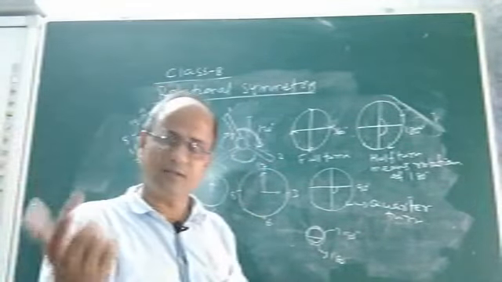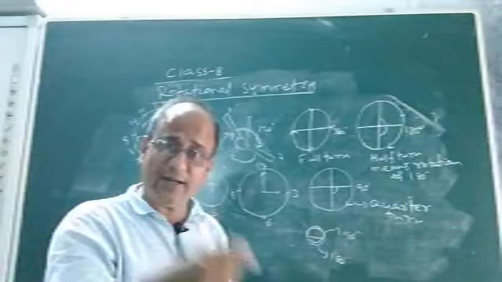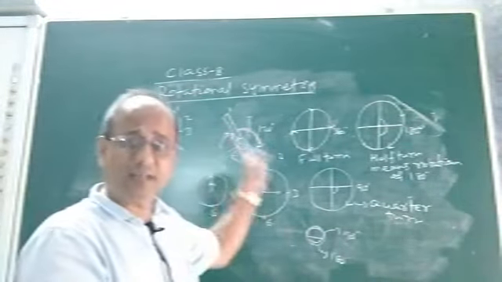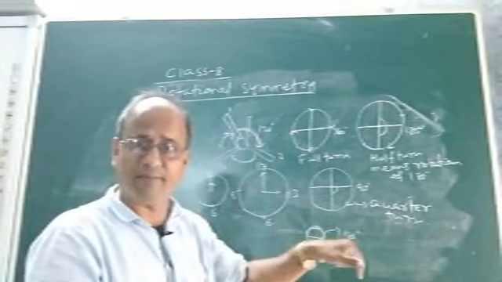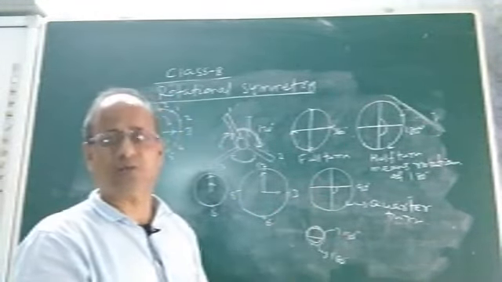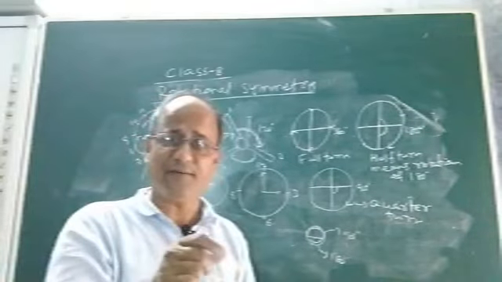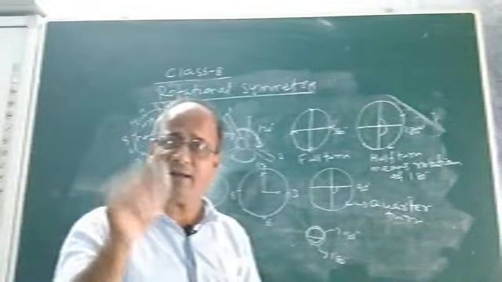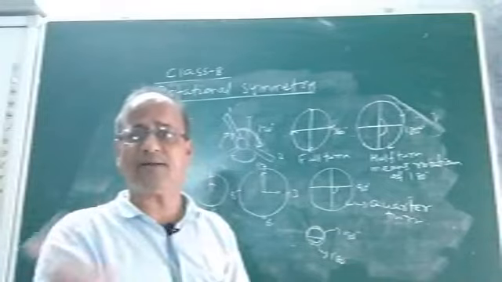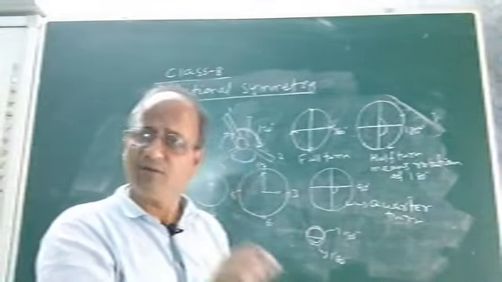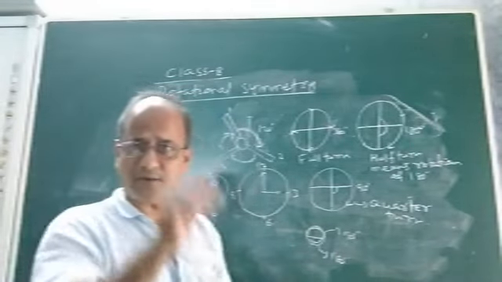But if you rotate an object through an angle less than 360 degrees and its shape and size remain the same, then we say the object has rotational symmetry. I hope you understood the meaning of rotational symmetry.